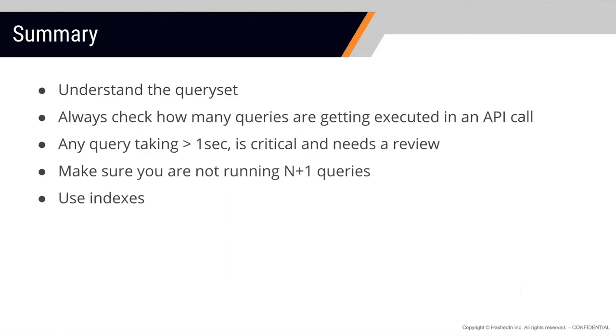We talked about Django Toolbar, which is one of the tools that helps you note it. Another way is just logging your queries and seeing how many queries got logged when you hit an API endpoint, and how much time they took to serve that particular request.